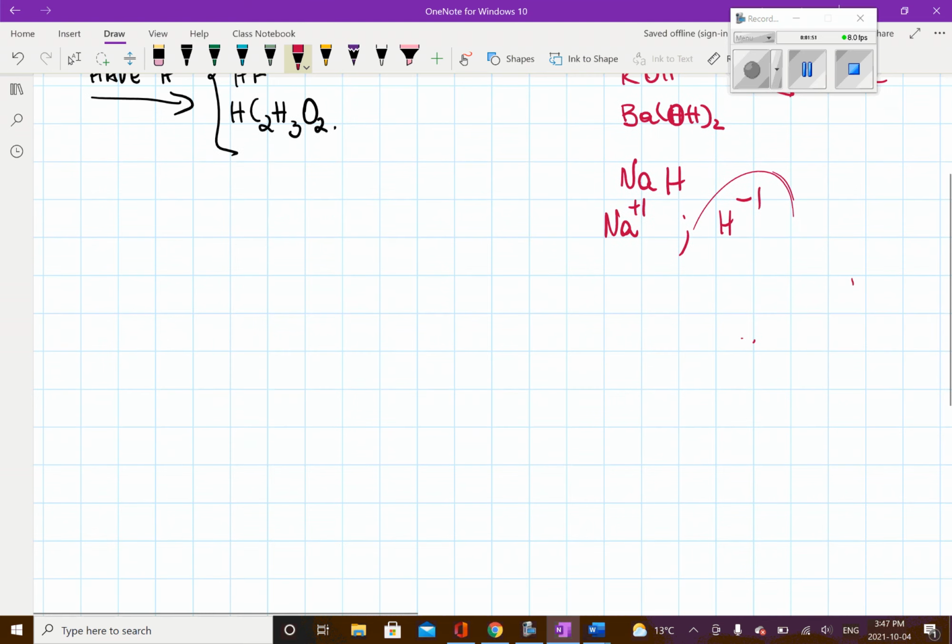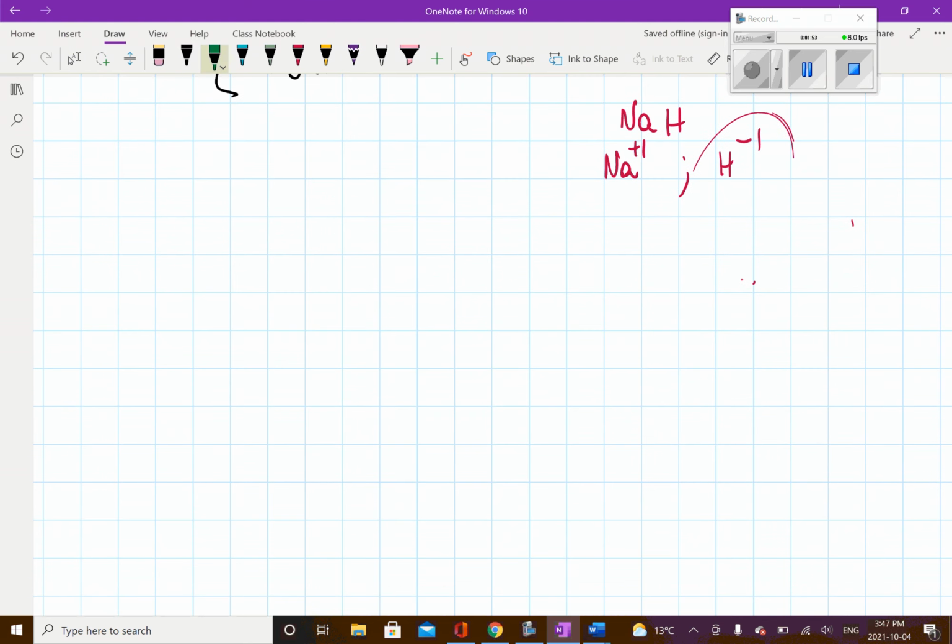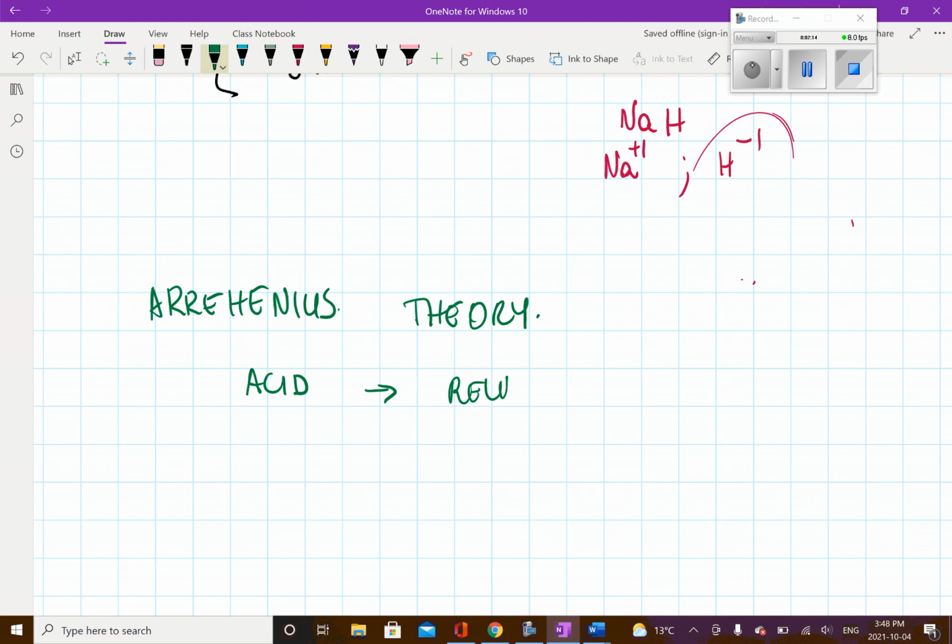Okay, you know from Chemistry 20 that the Arrhenius theory for defining acids and bases is that if it is an acid, then it releases H plus ion in solution.